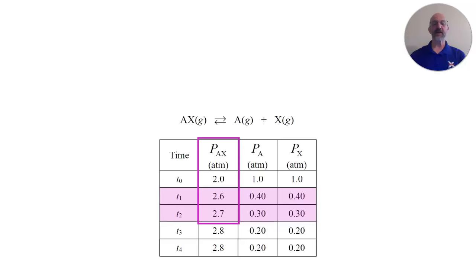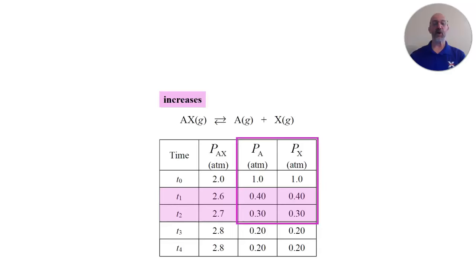We can see that the partial pressure of substance AX changes from 2.6 atmospheres to 2.7 atmospheres. So that partial pressure is increasing. And then during that same time period, looking at the products, substances A and X, we can see that the partial pressure of each substance changes from 0.40 atmospheres to 0.30 atmospheres, so it decreases.